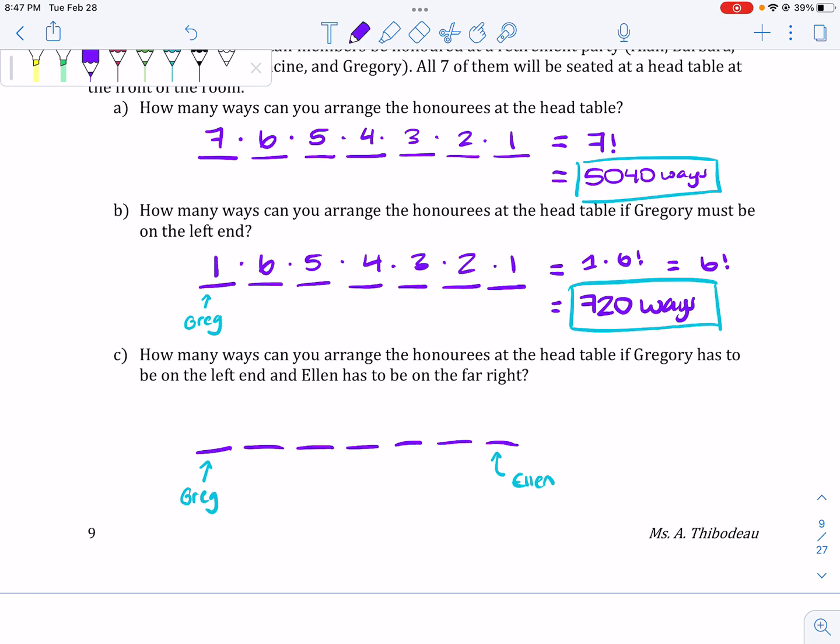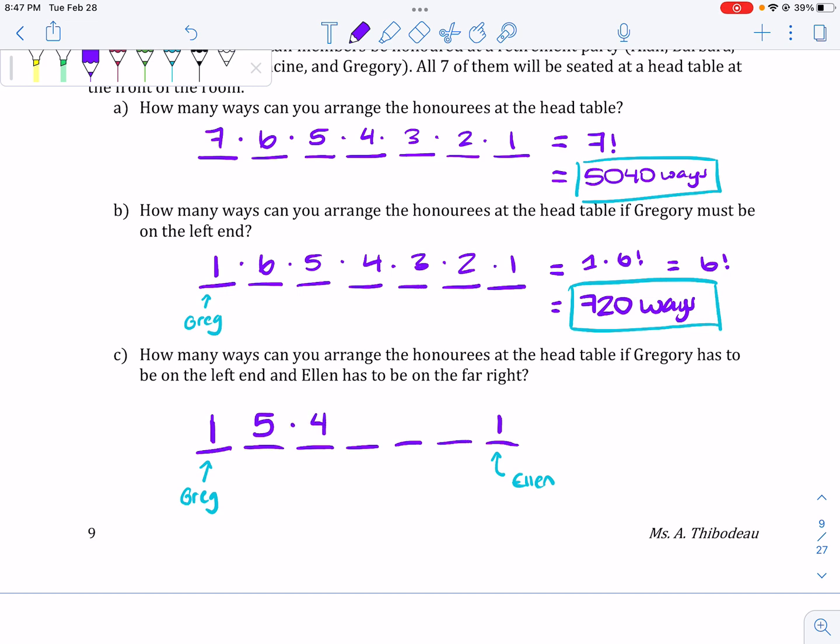And just like before, there's only one way for Greg to sit on the far left, and that's to be like, hey, Greg, pop squat. Enjoy your spot. And same idea with Ellen. There's only one way for Ellen to sit on the far right, and that's to be like, hey, Ellen, please find your seat here at the far right. Now we have 5 people left, and there's 5 spots left, so the first spot remaining will have 5 options to choose from.